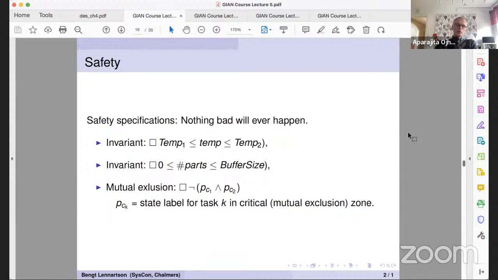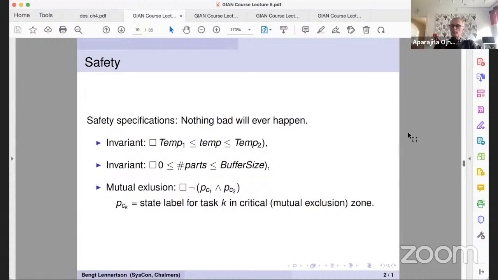So then I will try to illustrate some typical aspects of temporal logic specifications, and there are actually three main types of specifications. The first one is the most important, I would say. It's a safety specification.